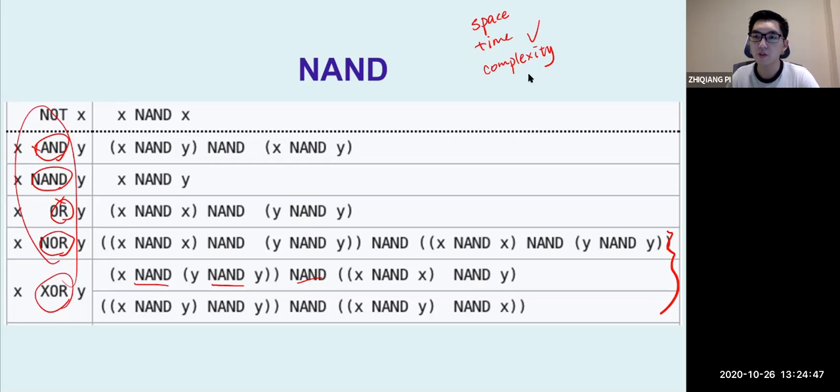And speaking of space efficiency, based on the physical implementation of the NAND gate and NOR gate, the NAND gate is physically smaller than a NOR gate. So the NAND gate achieves the highest space efficiency. So this would mean that the NAND gate would be the most efficient and effective choice in an engineering solution, and it would be the most cost efficient at the same time.